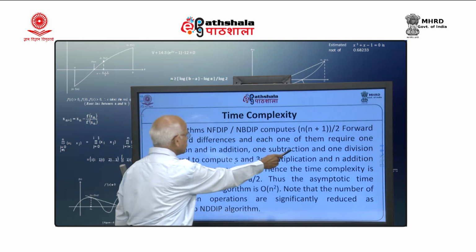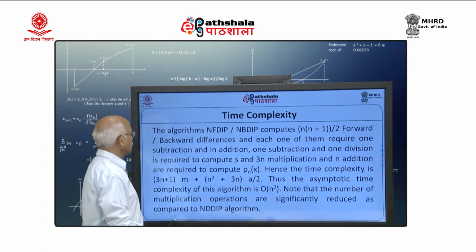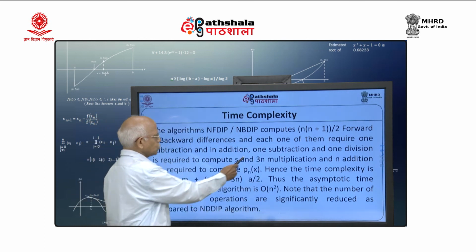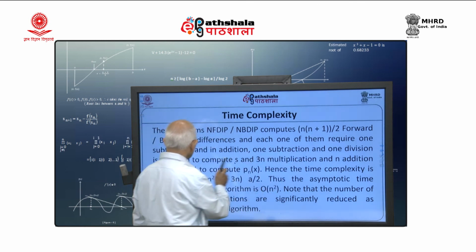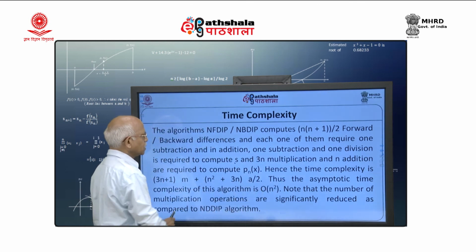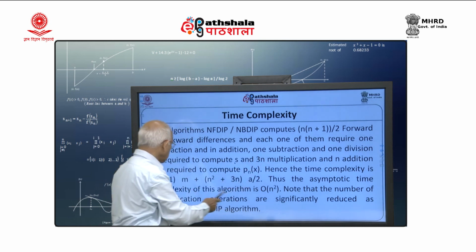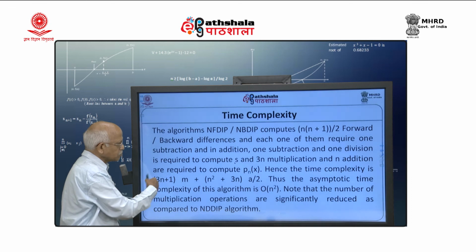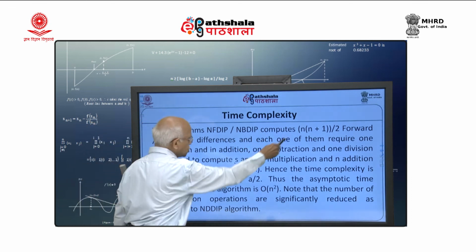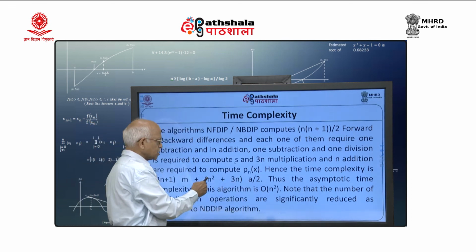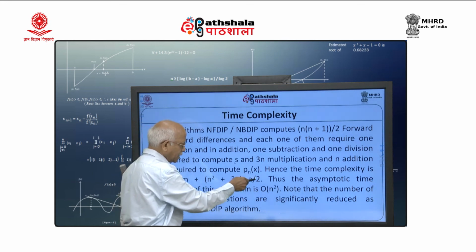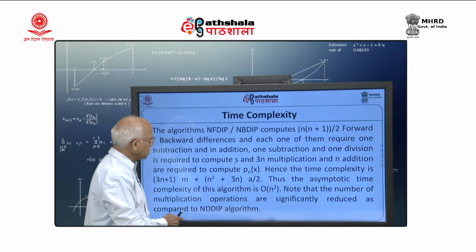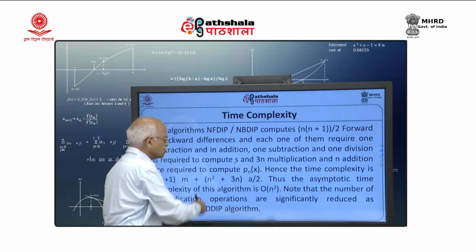So, one more a here, one more addition here, and then one more multiplication is required from here, then 3 n multiplications. So, 3 n plus 1 multiplications will be required anyway. So, total 3 n plus 1 multiplications, and these additions we are adding, when you add you will get n square plus 3 n into a by 2. So, these many addition operations will be required.